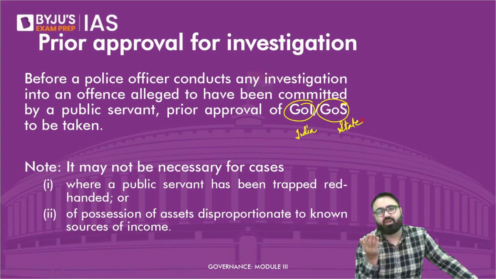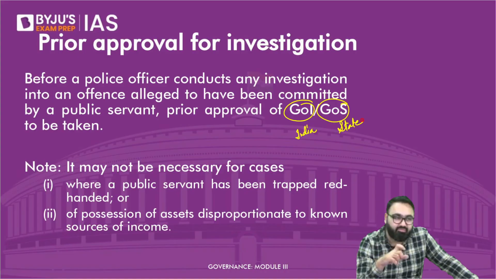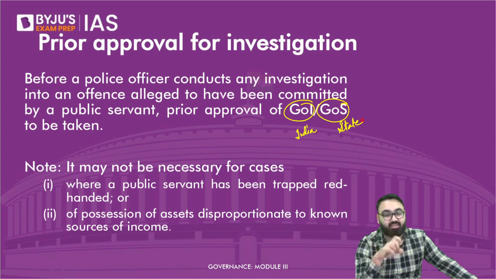So they will try to protect them. That is why many times investigation is not happening, because the government just does not give permission. That is why you will see when the governments change, a lot of officers' investigations stop, or new investigations start to happen either way.